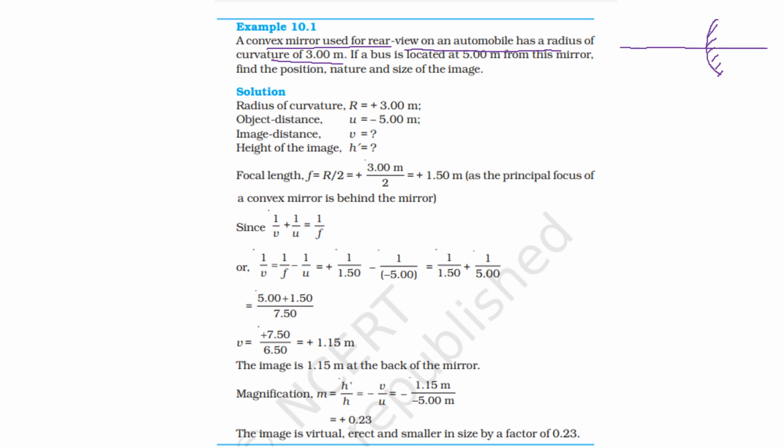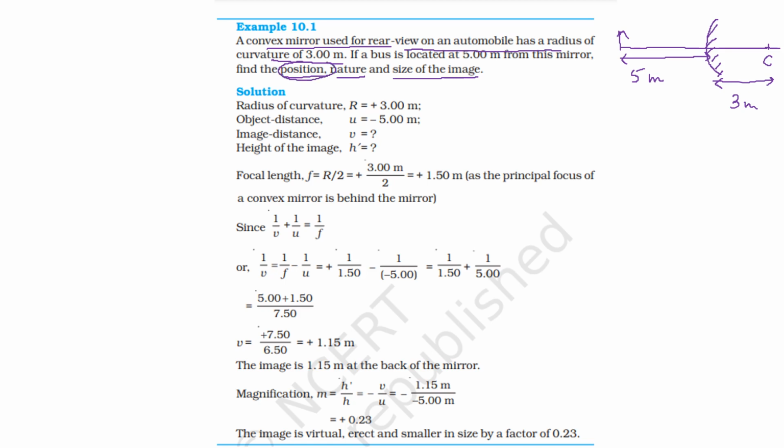Radius of curvature is 3 meters, means if this is C, this total distance is 3 meters. A bus is located at 5 meters from the mirror. Let us say a bus is here, at a distance of 5 meters. Find the position, nature and size of the image.